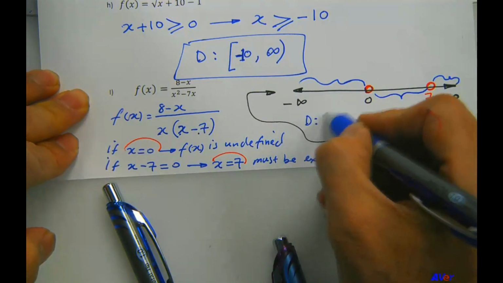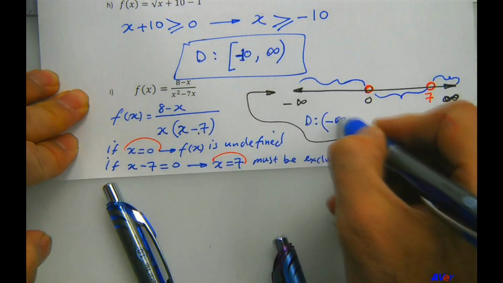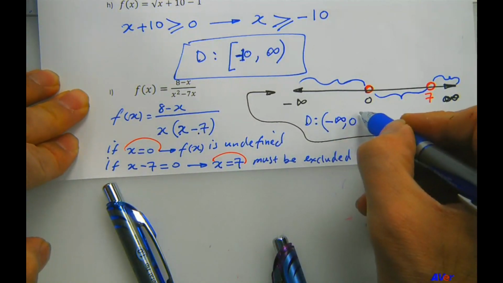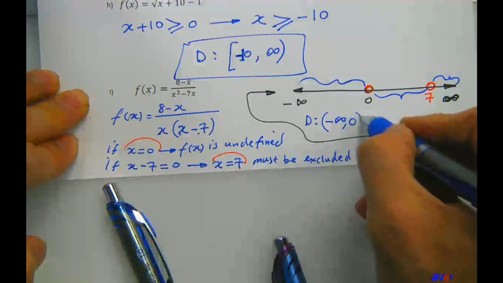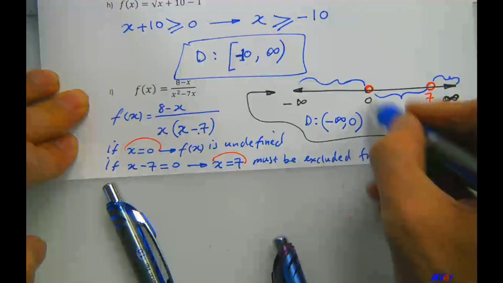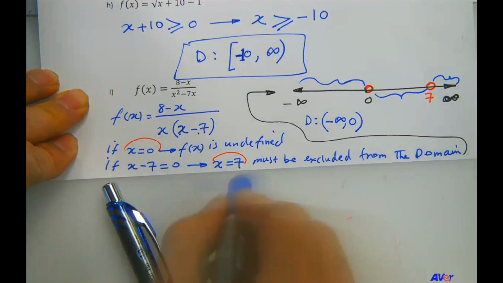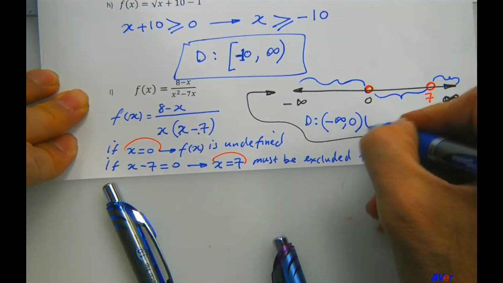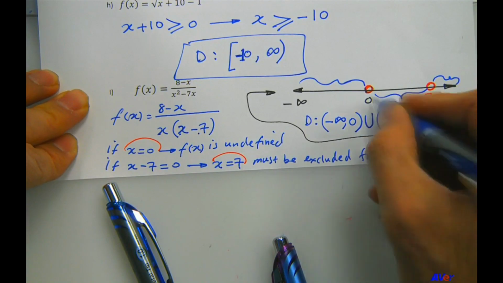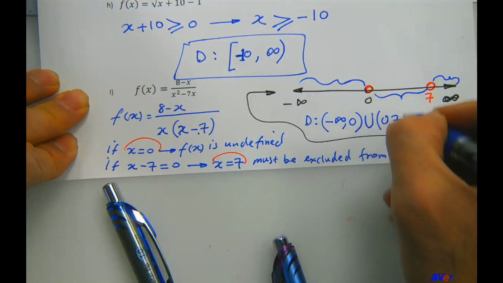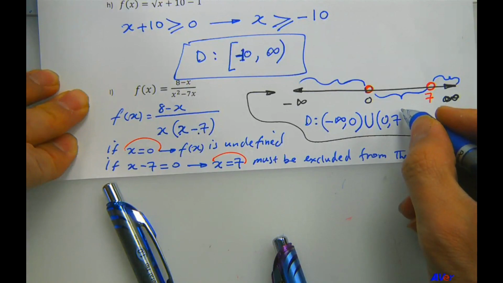Domain is equal to minus infinity to 0, parentheses or bracket? If you said parentheses, wonderful. Yes, 0 must be excluded. We just said that, right? 0 and 7 must be excluded. Union, this piece, parentheses 0, comma 7, parentheses or bracket?